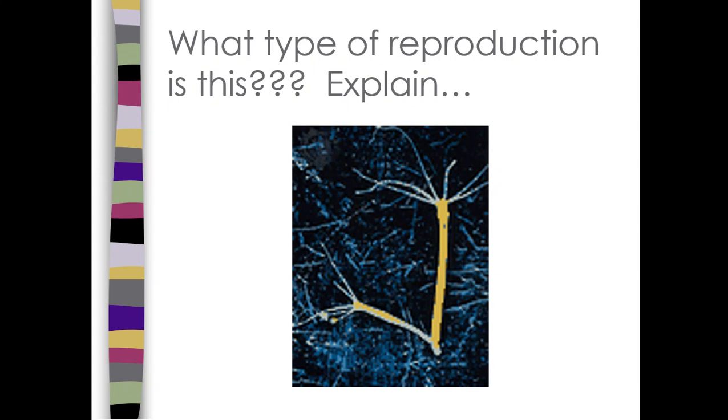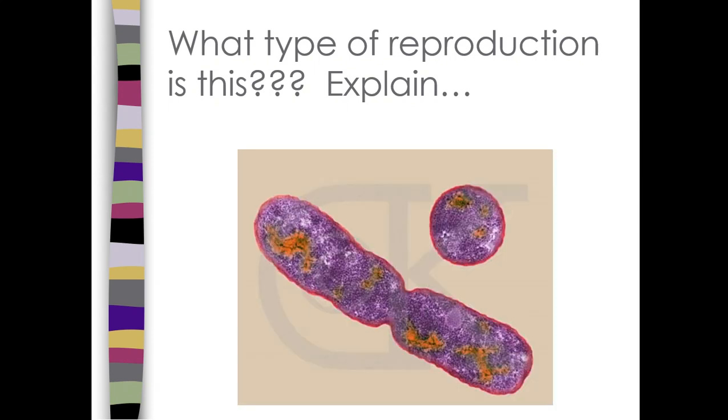Okay, so eto, you answer this one. What type of reproduction is this? Is this budding? Okay, very good. Correct. This is budding. So, it forms an outgrowth. Okay, very good. It's an asexual form of reproduction. How about this one, class?